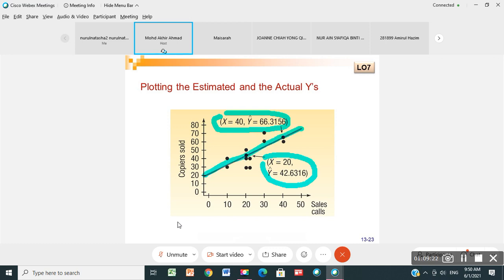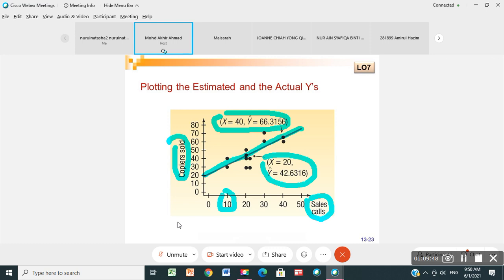Okay, this one they call estimated. Then we plot the sales calls and copies sold. So similarly, without the formula, we can estimate here. We say we make 10 calls.